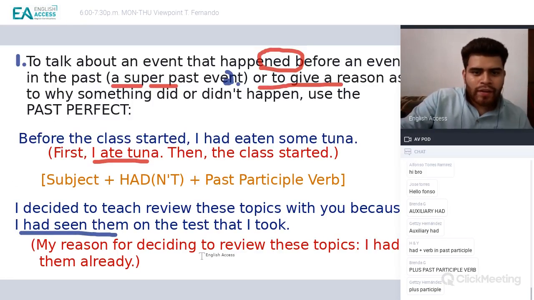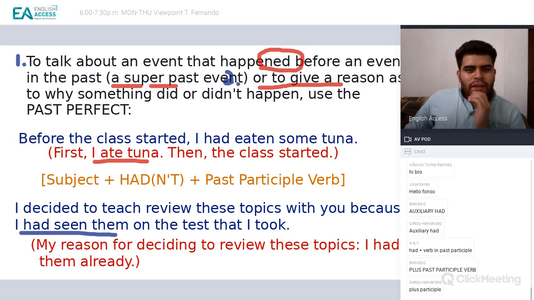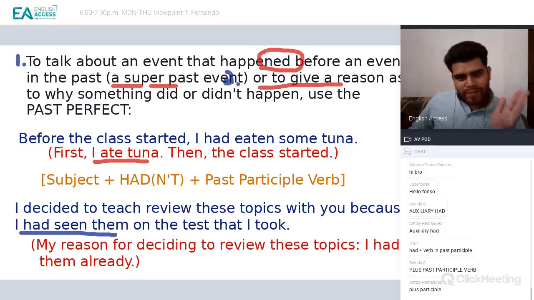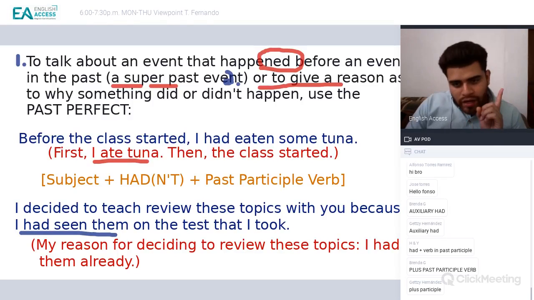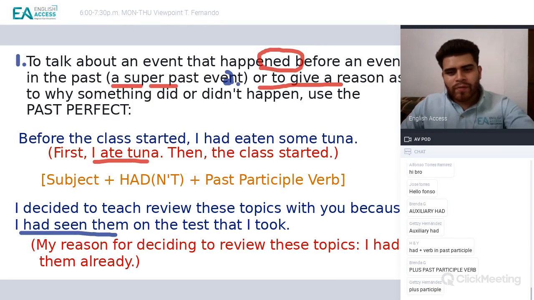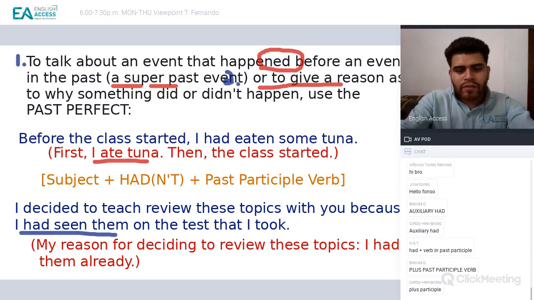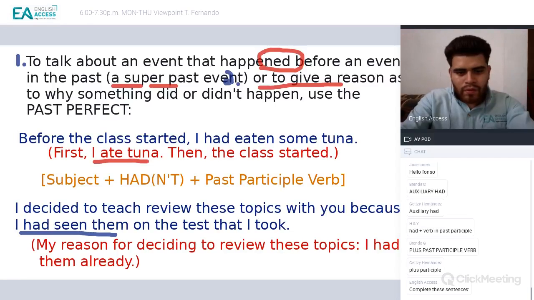Okay. Easy peasy, lemon squeezy. All right. Subject, had, past participle. 3 things. And then the complement. So what I would like for you to do, I'm going to write the instructions here. Complete these sentences. 1.